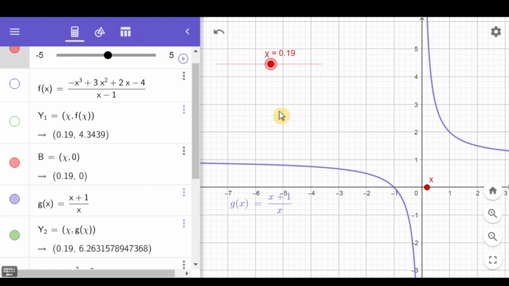So, what happens? You please answer me. What happens to g of x, our second function, if we are making x value closer to 0? Anyone? Yes? Go ahead. Sure, I think the function is getting closer to the x-axis, but it will never touch the x-axis.